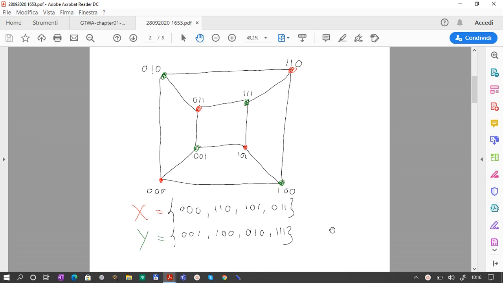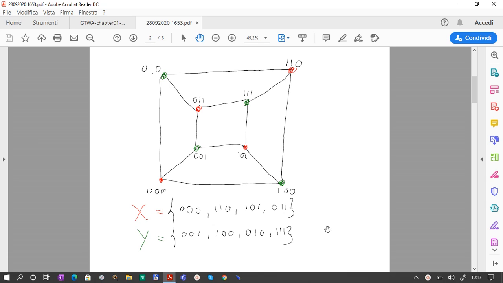Okay, assume that the one which has 0 is in X, then necessarily the one which has 1 is in Y. Or if the one which has 0 in position i is in Y, necessarily the one which has a 1 in position i is in X.